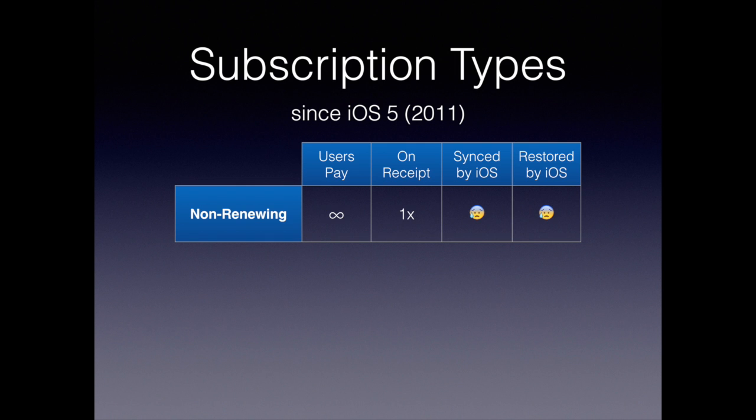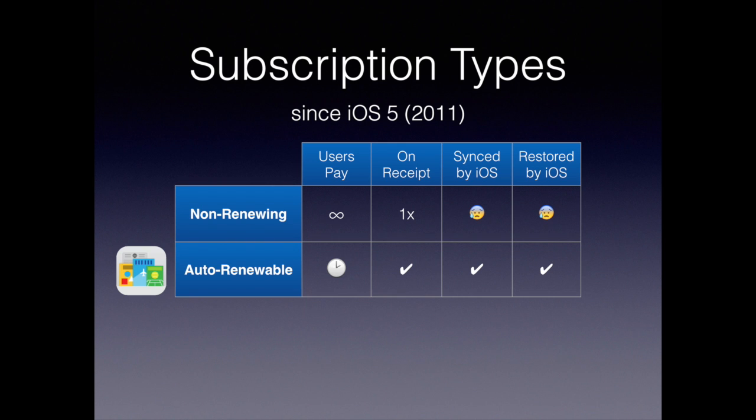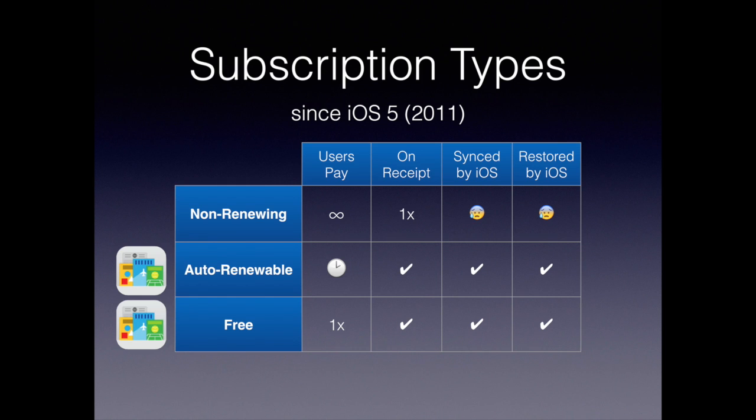So besides the already existing non-renewing subscription kind, they invented auto-renewing and free subscriptions. And you can see there are many check marks there. Those are the full service subscriptions, and the only difference is that the free ones are free.